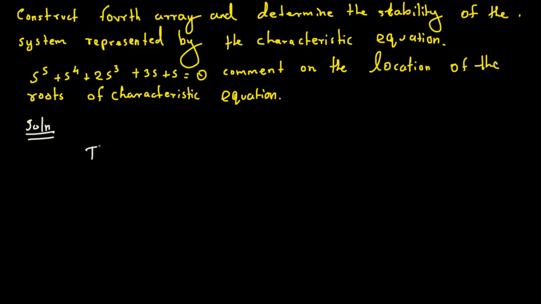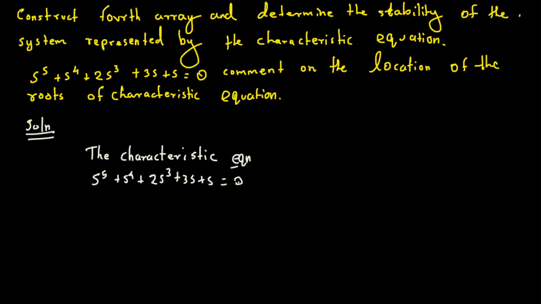So the characteristic equation is given by S power 5 plus S power 4 plus 2S cube plus 3S plus S is equal to 0. And here we have to look at the powers.